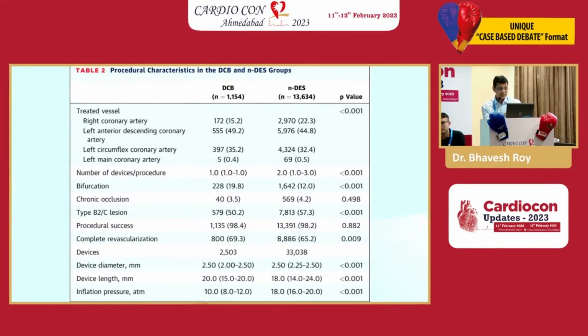See the number of devices, and the type B2 and type C lesions. The p-value was significant. So I am telling, even in bifurcation, even in complex lesions, even in the main coronary artery, not in the branch vessels, we are having a better result with the newer generation drug-eluting stent, when the vessel size is 2.5.